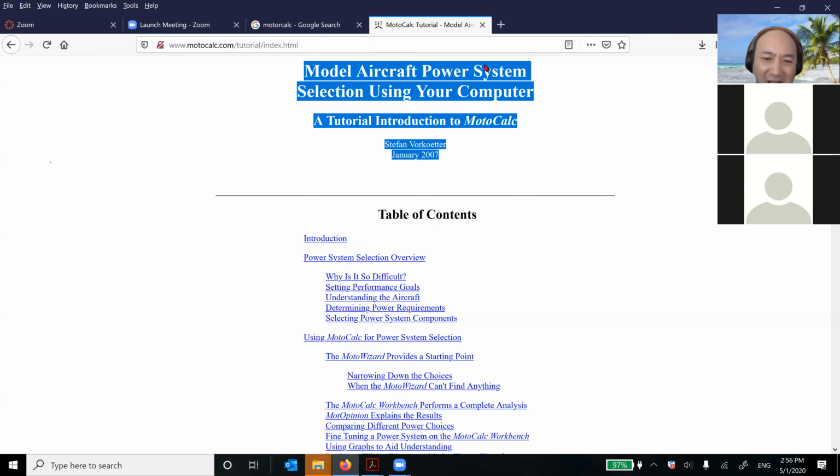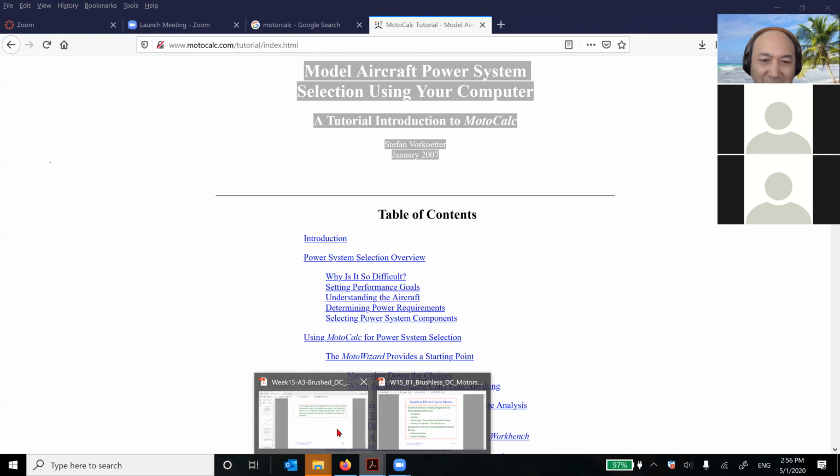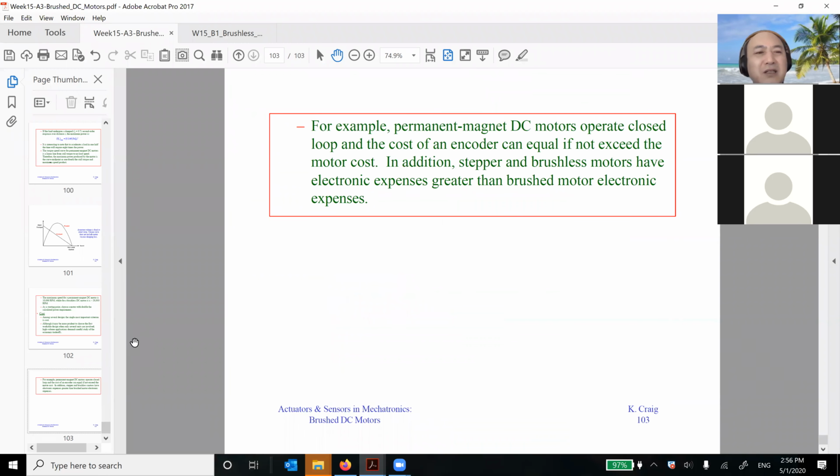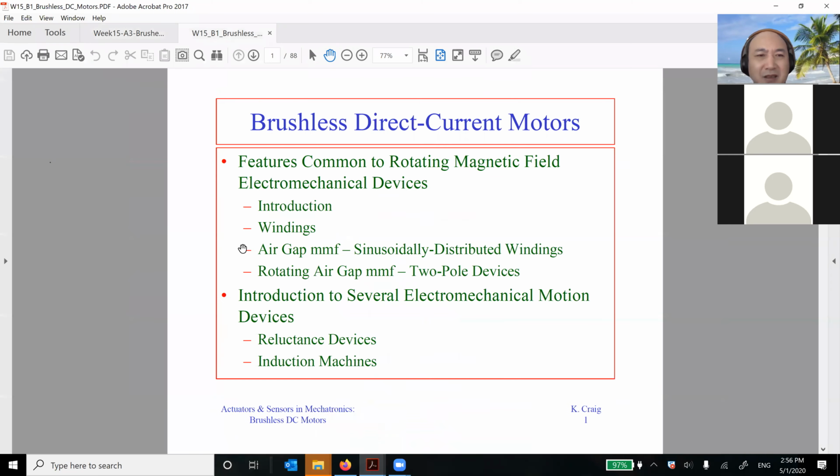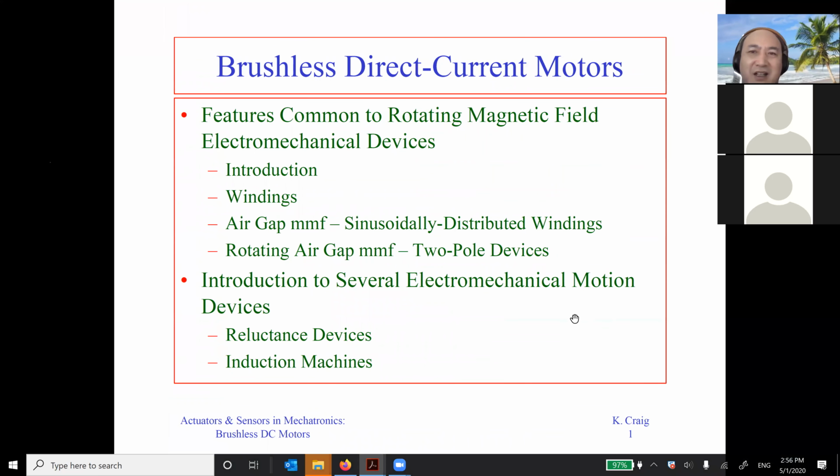So the next module we are going to cover is brushless DC motors. I have 88 slides, so we are going to go through many of these.